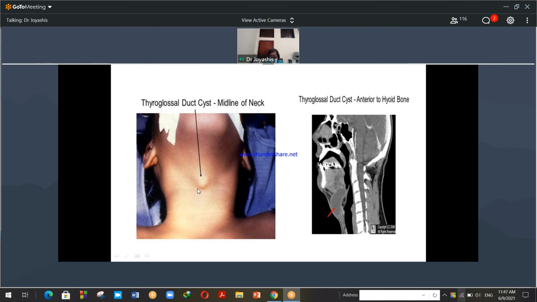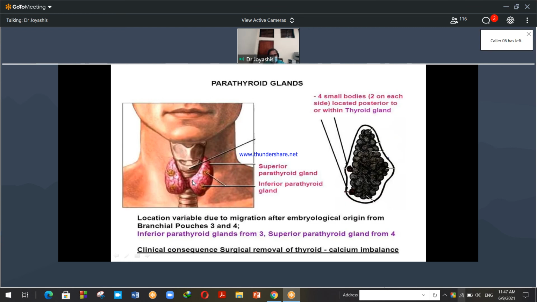এদিকে আমরা এভাবে দেখি। আর হচ্ছে প্যারাথাইরয়েড গ্ল্যান্ড, আমাদের দুই জোড়া প্যারাথাইরয়েড গ্ল্যান্ড থাকে, সুপিরিয়র এবং ইনফেরিয়র। So 4 small bodies, 2 on each side, located posterior to or within the thyroid gland.